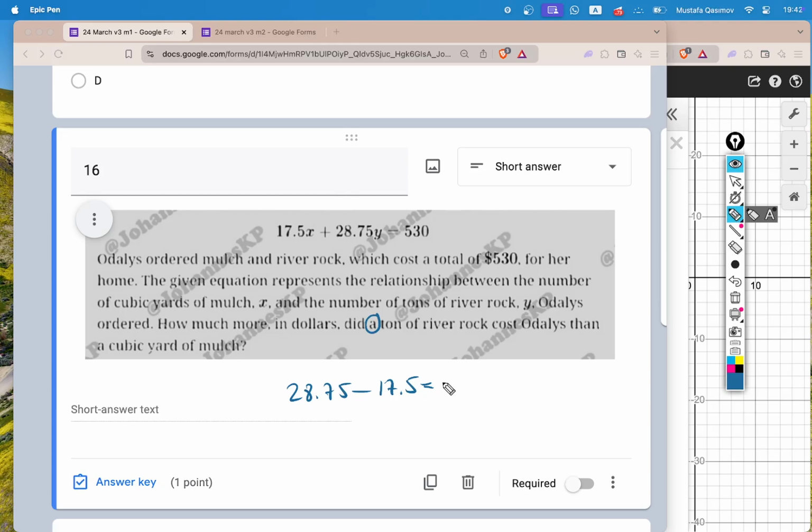So the answer is 10.25. Here x is the number of cubic yards of mulch, so automatically it will be the value of 1 ton of, I think, mulch or river rock. So for this type of question, always just find the difference between them. It will be correct.